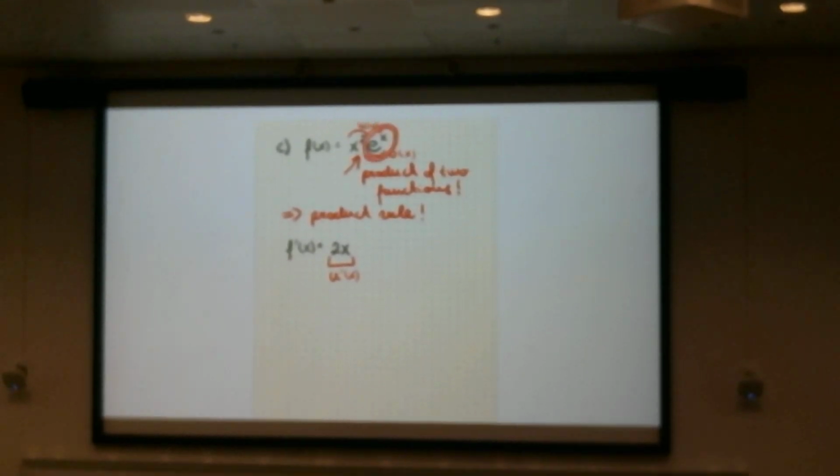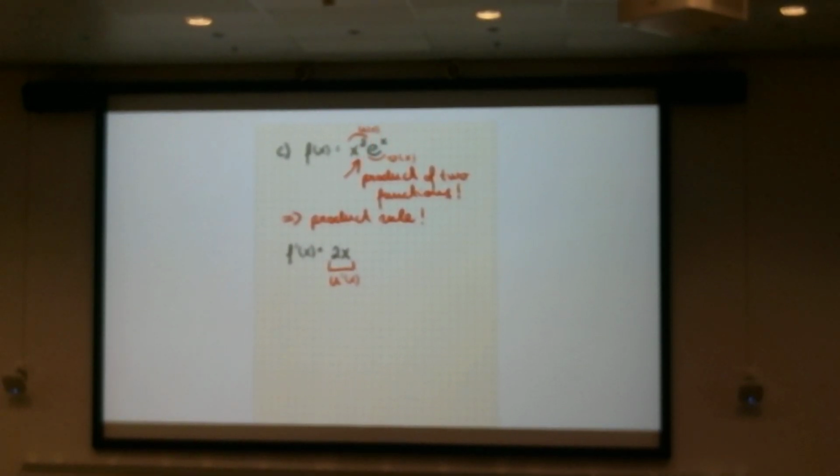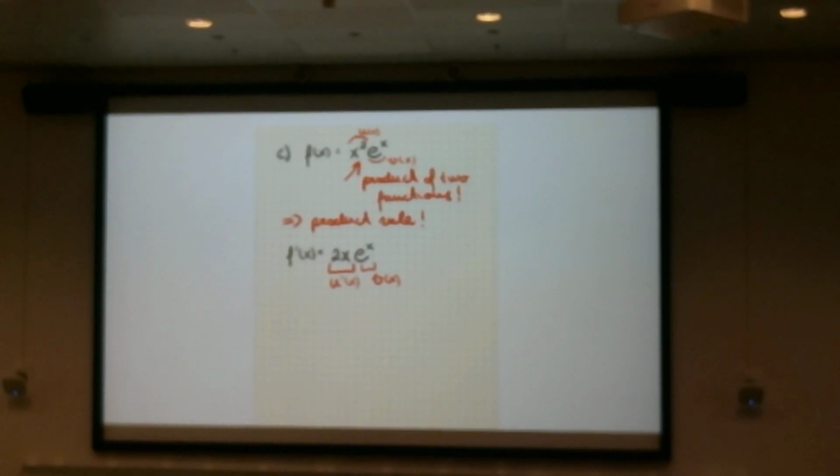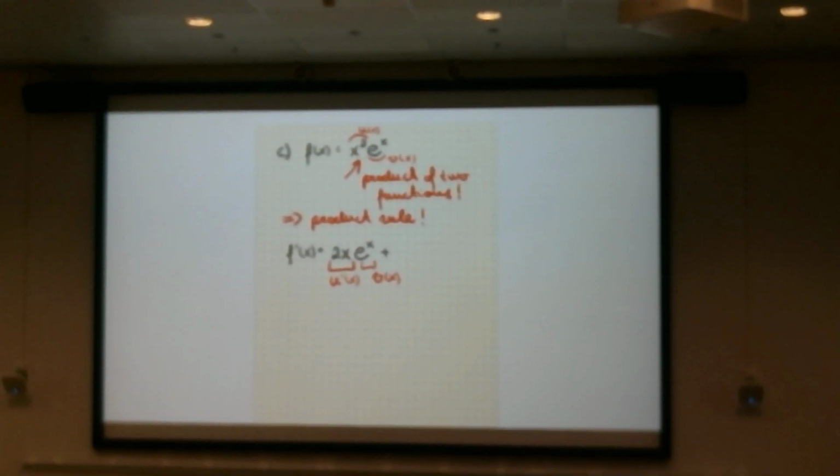And then we focus on the second one, e to the x, and then we just rewrite it. So this bit is v of x. So it's not a derivative, it's a function as it was, original form. And then we add, now we need to write u of x as it is. So that is x squared.